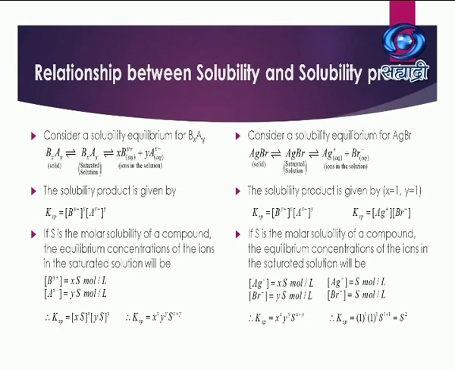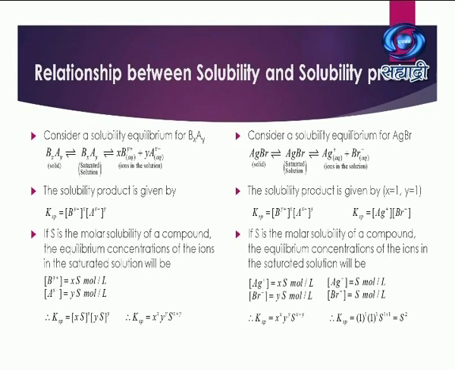Now on the right hand side, you will find the example of silver bromide. So AgBr solid reversibly gives Ag+ aqueous plus Br- aqueous. In this case, x is equal to 1, y is equal to 1. So find the expression of Ksp, substituting x is equal to 1, y is equal to 1. So the expression is simply Ksp is equal to the active mass of Ag+ into the active mass of Br-.